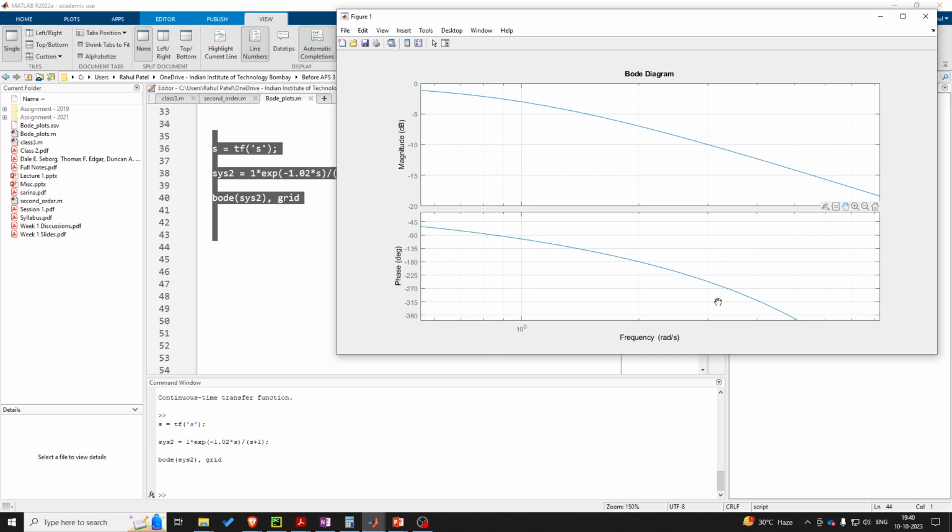So we will just find what the frequency is at that point. So minus 180 degrees. Corresponding to that, you can see that the frequency is mentioned over here, that is 2.